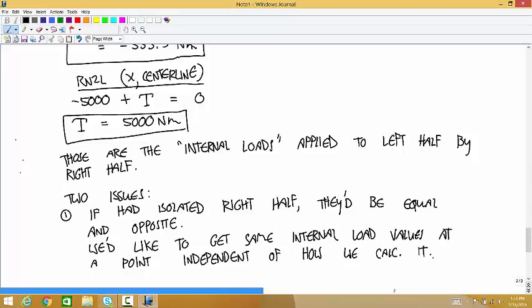Okay, so that's going to introduce a whole new sign convention that seems totally arbitrary when you see it, but the reason that we don't keep the vector sign conventions that we're used to is so that we have this independence of how we do the calculation. You don't have the equal and opposite issue coming up.